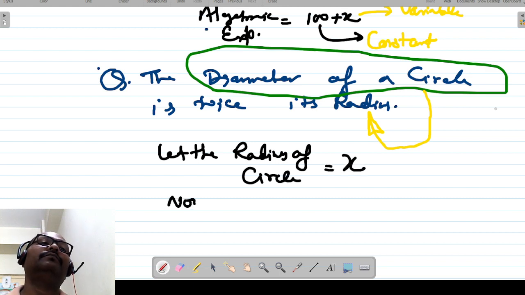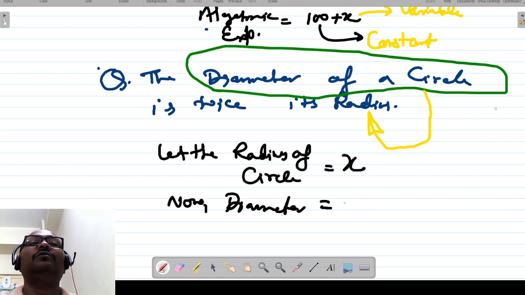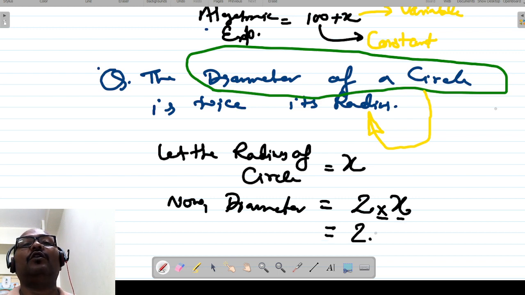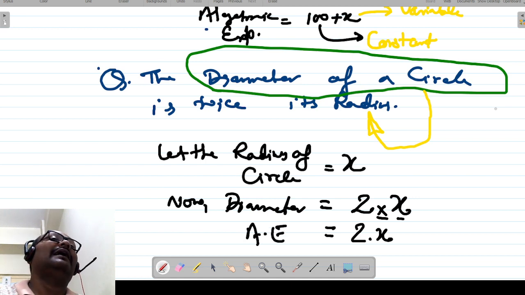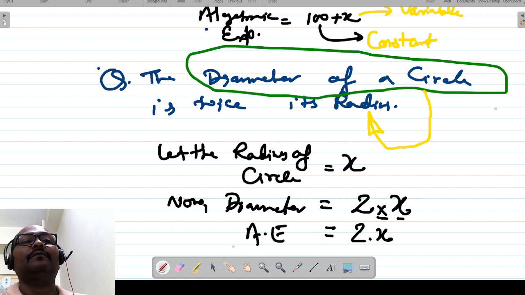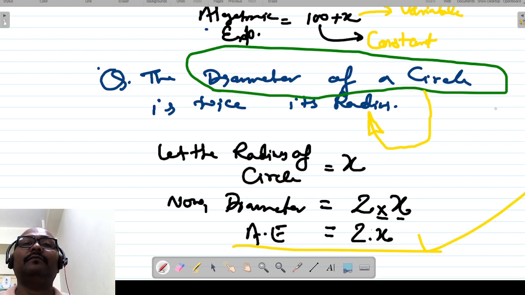Now diameter equal to twice the radius, but again same kind of remarks, so we can write it as 2 dot x. This is the algebraic expression. Are you able to get it, students? Thank you. This is your answer.